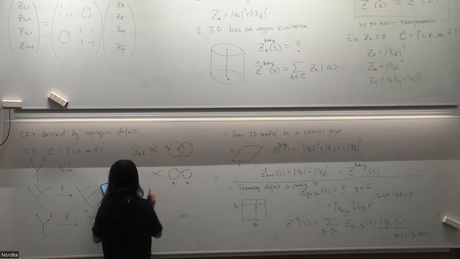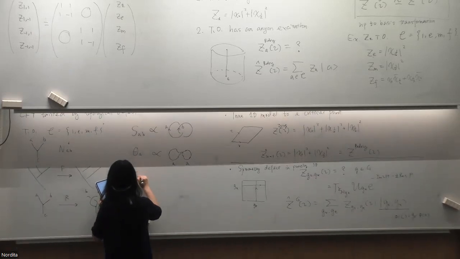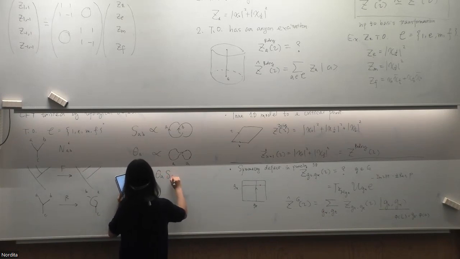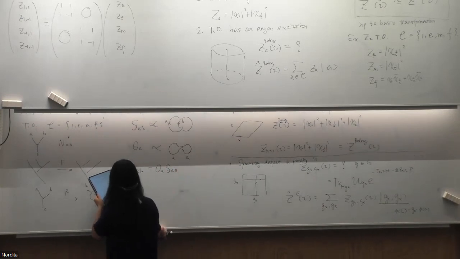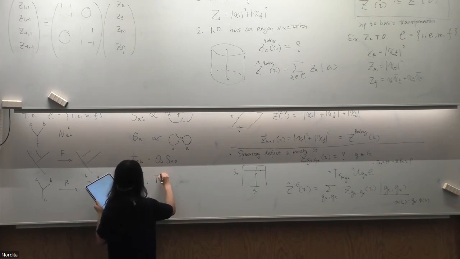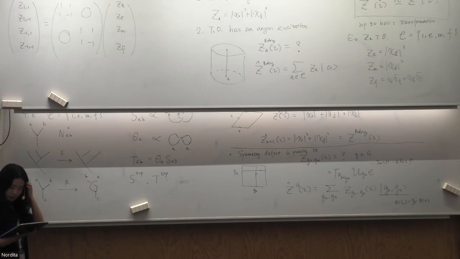In this way, you can tell the self-statistics of a single anyon. You can use that to form a matrix with these entries. So we have two matrices, let's call them S top and T top, that encode all the statistical data about anyons.